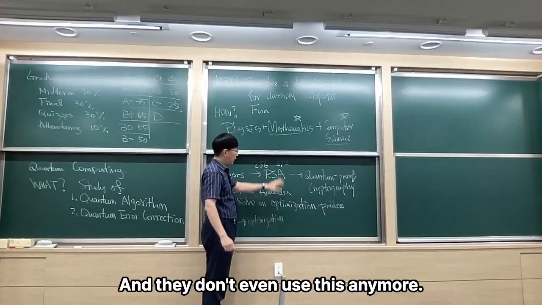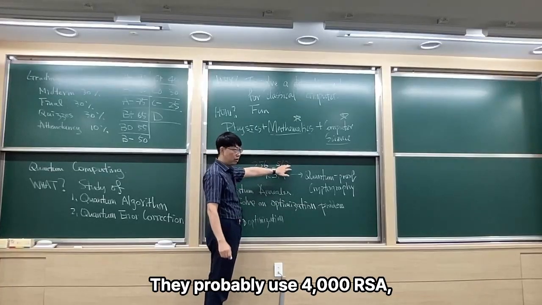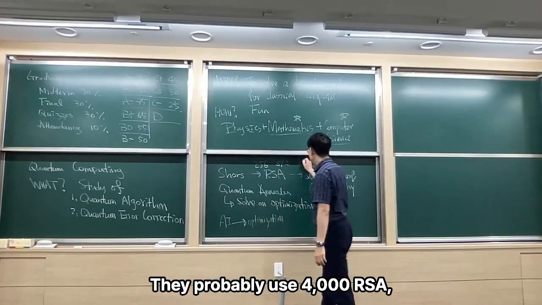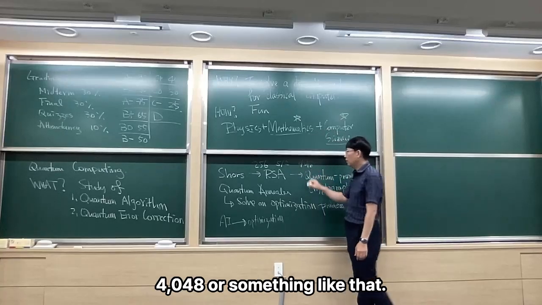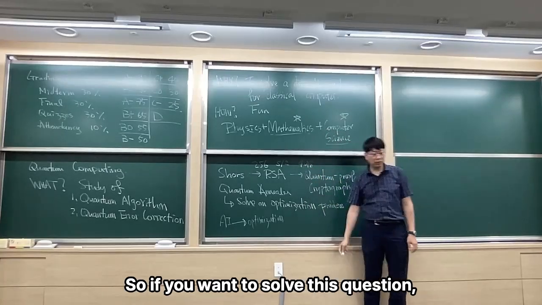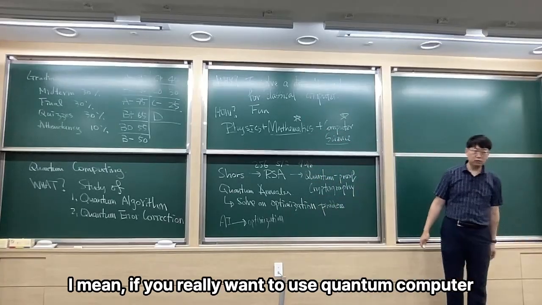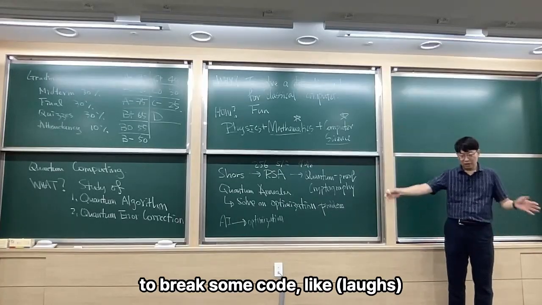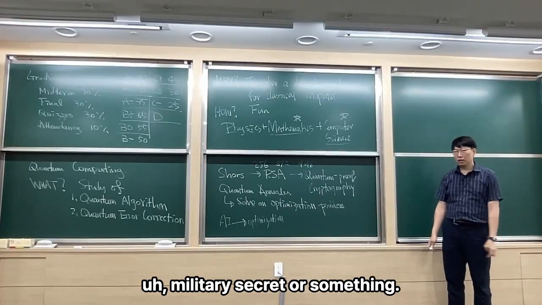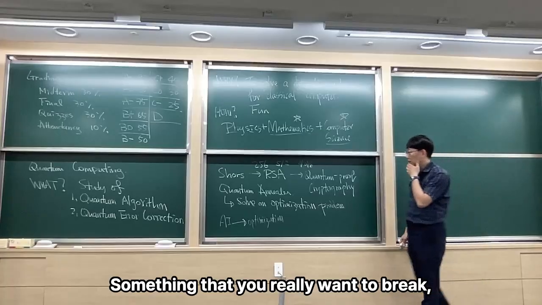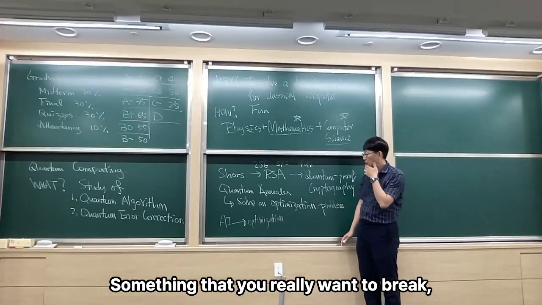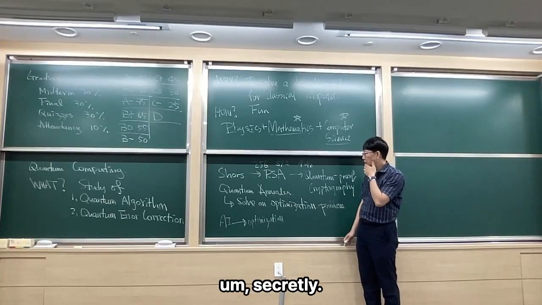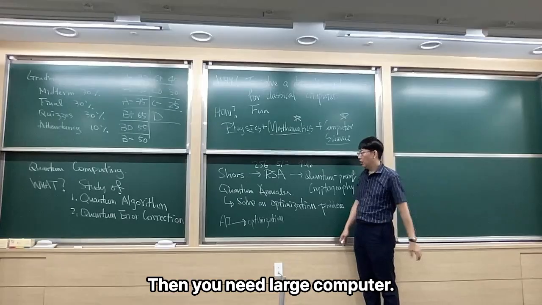They probably use 4096-bit RSA or something like that. So if you really want to use quantum computing to break some code, like a military secret, that you want to break secretly, then you need a large computer.